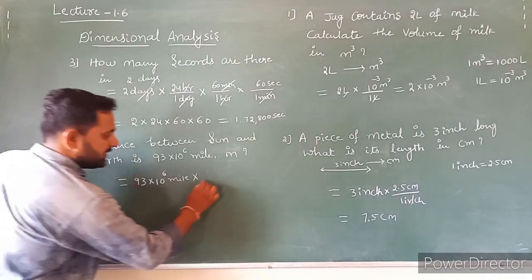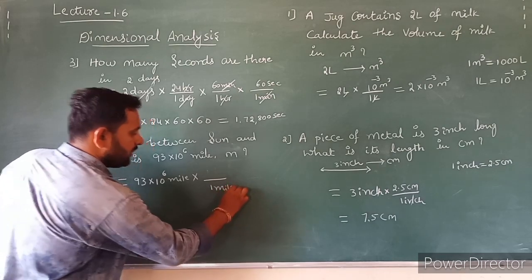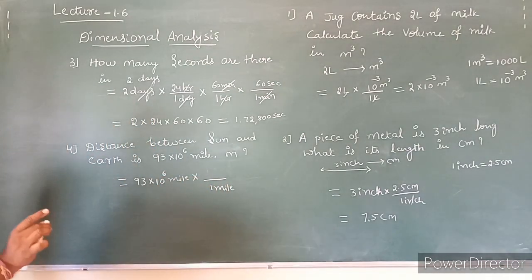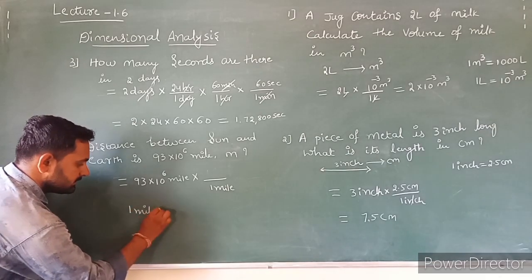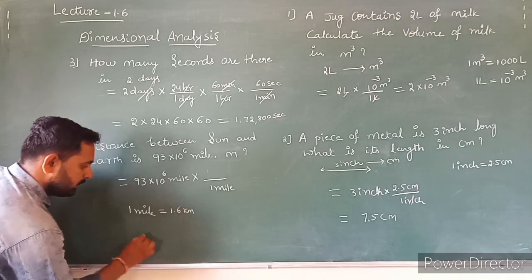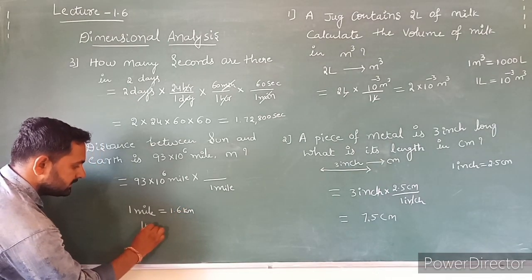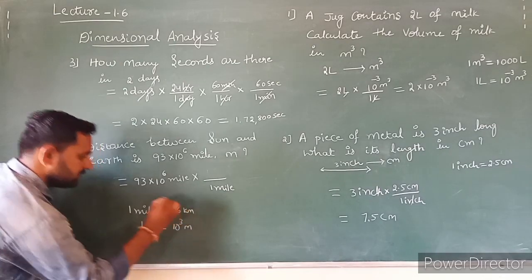First, 1 mile is equal to how many kilometers? You should know that 1 mile is equal to 1.6 kilometer, and 1 kilometer is equal to 10 power 3 meters.